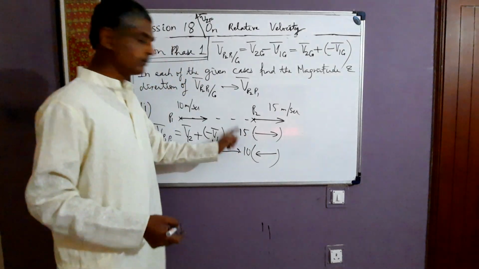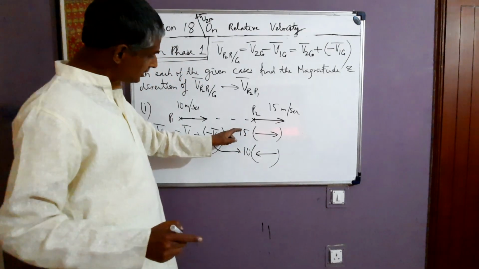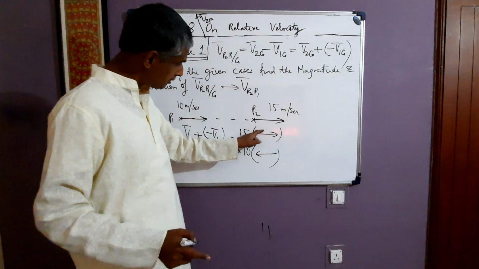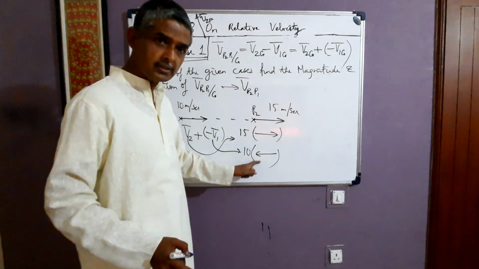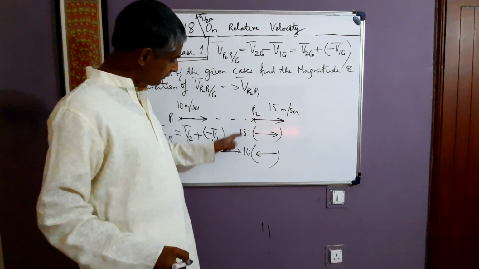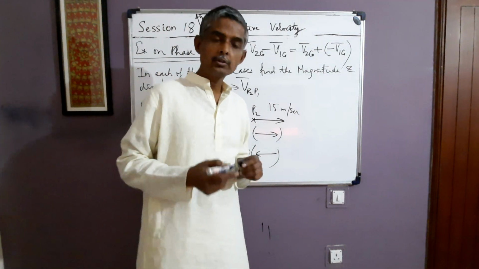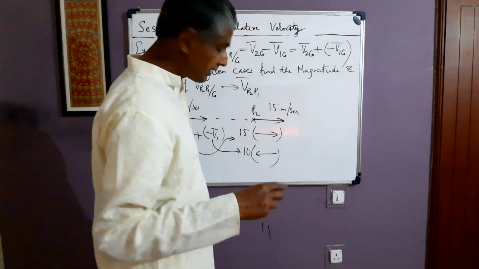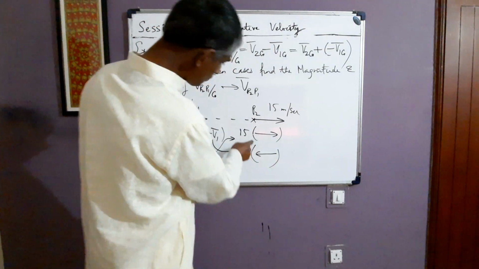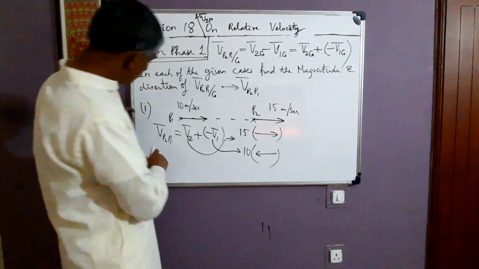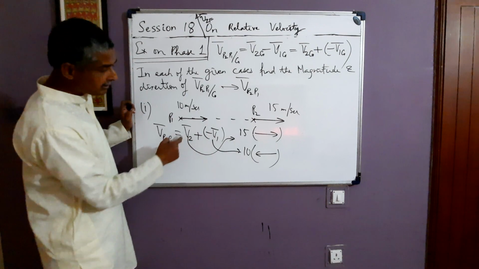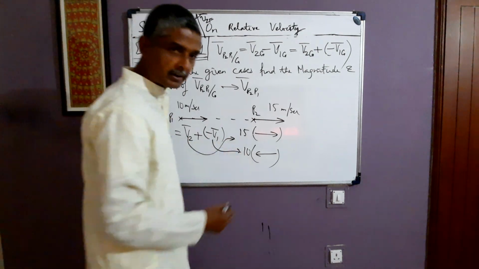Now we have to add these two vectors. Now you can see these two vectors have opposite directions, and their magnitudes are 15 and 10. So now, as I discussed just now, the theory of addition of two vectors in opposite directions applies here. So Vp2P1 is the resultant of these two vectors.